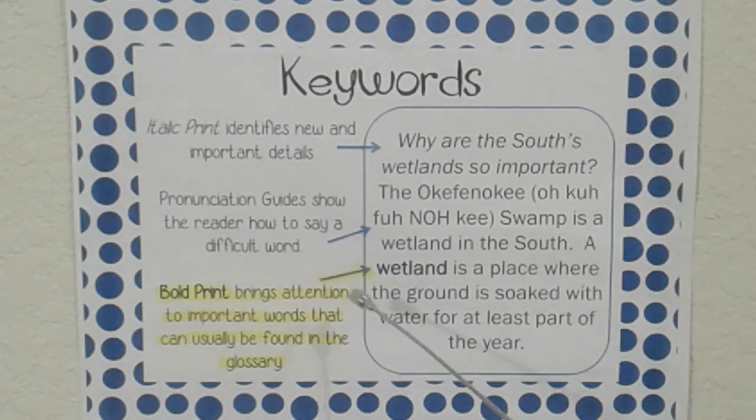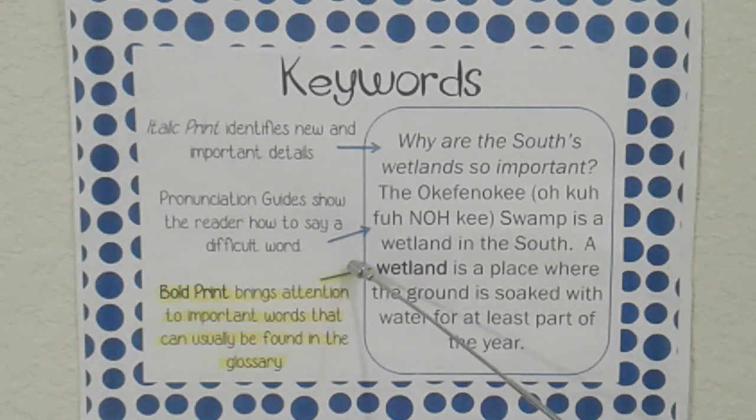highlighted arrow pointing to that bolded word. What is that bolded word, boys and girls? Very good. Wetland. Now let's read that sentence. A wetland is a place where the ground is soaked with water for at least part of the year.